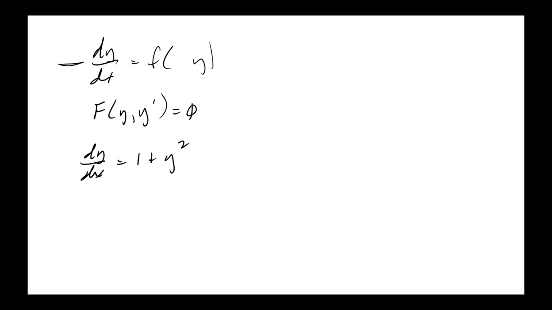That is first order, but it's not linear because the y is squared. But this is autonomous because there's no x that shows up here at all. No dependence on x. You're taking the derivative with respect to x, but not there.